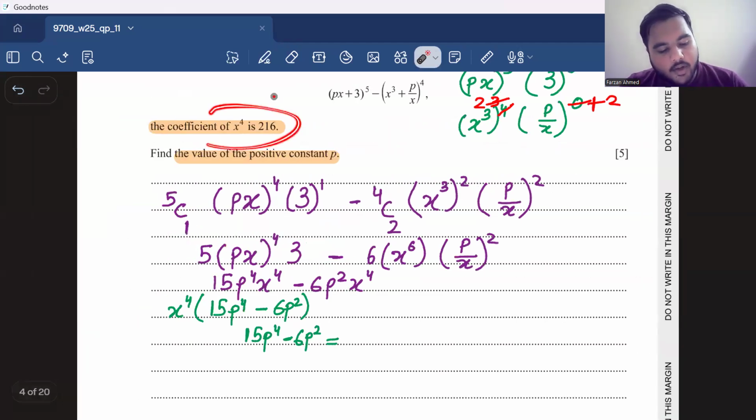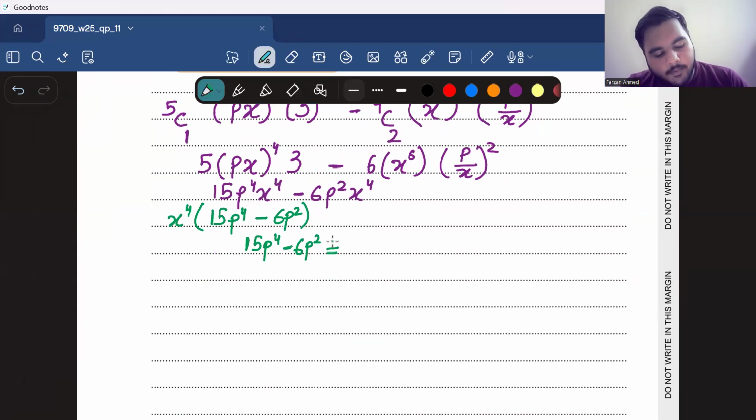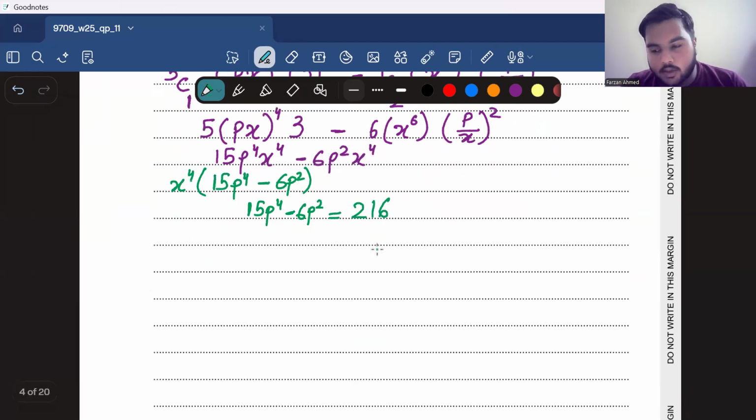So 15p to the 4 minus 6p squared equals 216, because it is the coefficient of x raised to power 4.